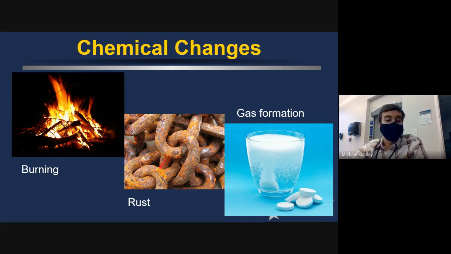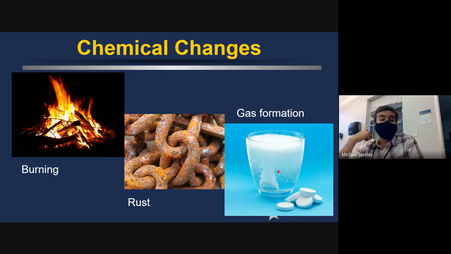And so this rust, this iron oxide, is a new substance. It is a different chemical substance than iron or oxygen on their own. So in order to form rust, we have to go through some sort of chemical change to get that iron to turn to rust.